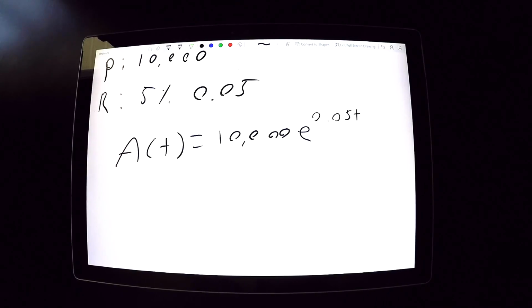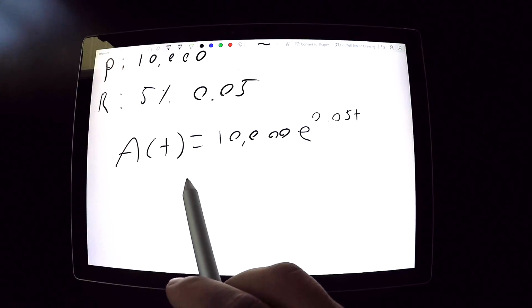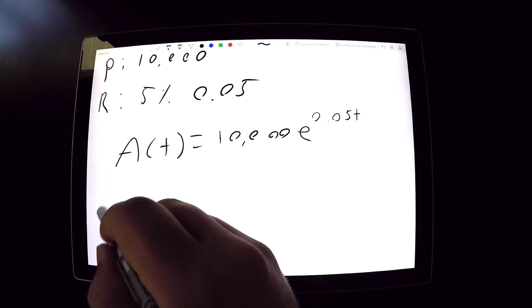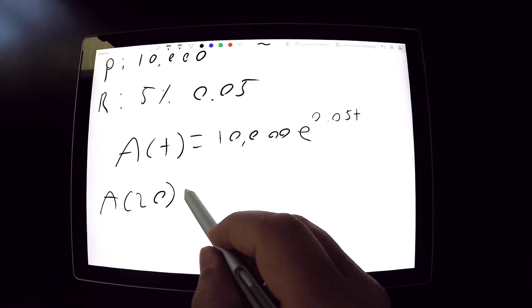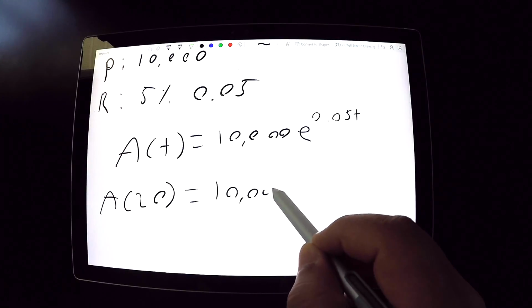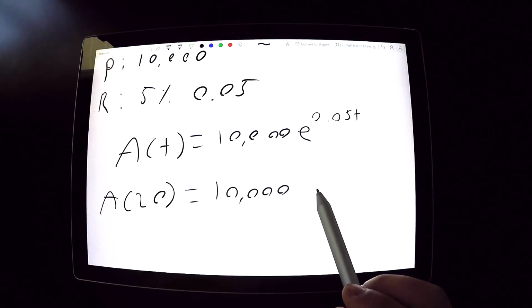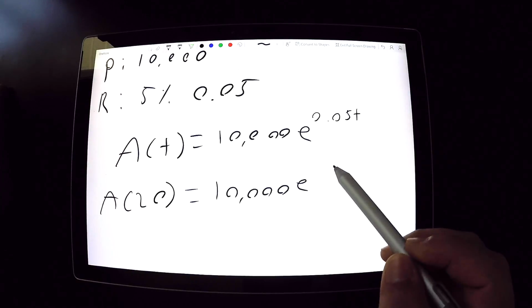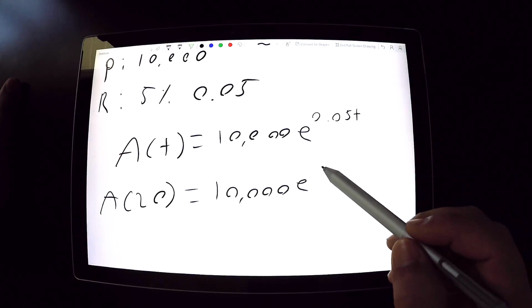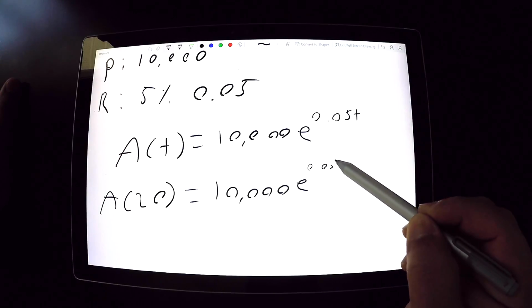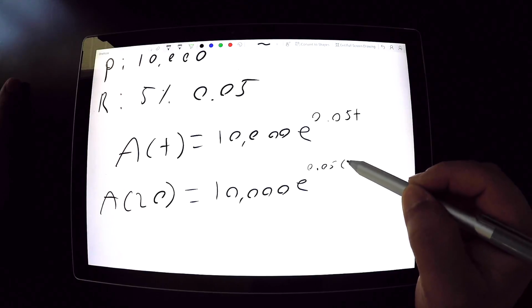Now, after 20 years, all you do is plug in 20 for t. So A of 20 equals 10,000 times e to the power of 0.05 times 20.